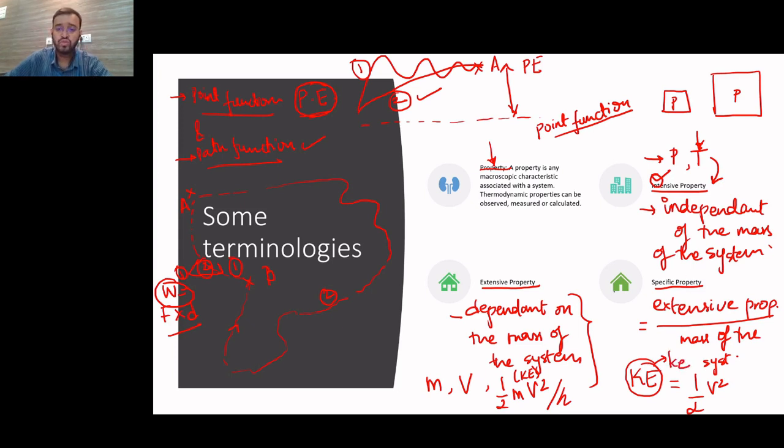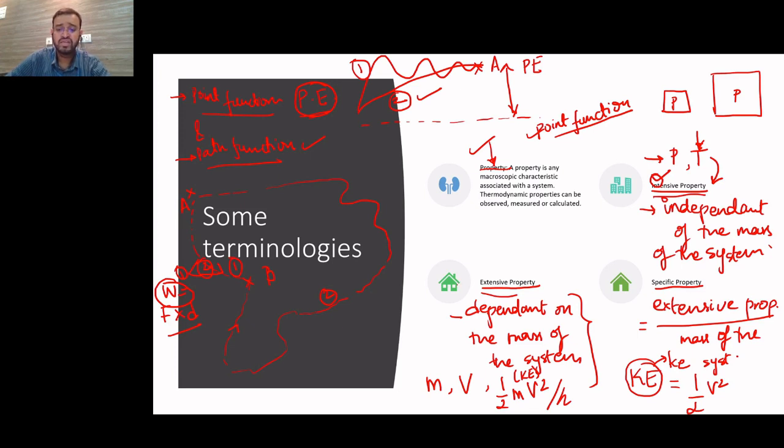All right. So we have spoken about what are properties, that they are point functions. Then we have talked about different types of properties: intensive properties and extensive properties. Intensive properties are independent of mass. Extensive properties are dependent on the mass of the system.